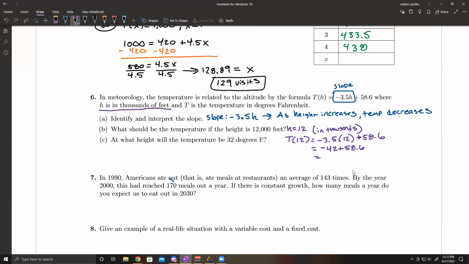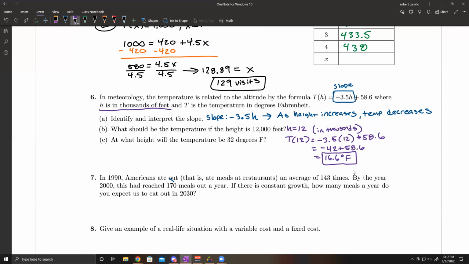And if we climb 12,000 feet, the temperature is going to be 16.6 degrees Fahrenheit. So at 12,000 feet, we're at 16.6 degrees Fahrenheit. Okay.